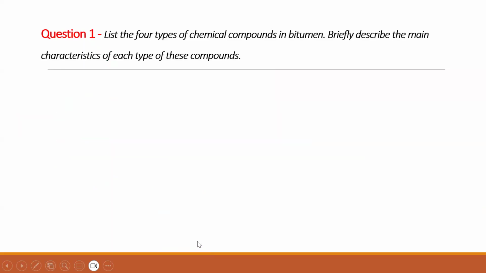Can I give you a few minutes to answer this question? List the four chemical compounds in bitumen and briefly explain their characteristics. So what are the four components? Can I give you a few minutes to write the answers?